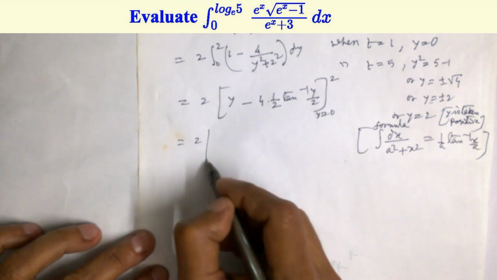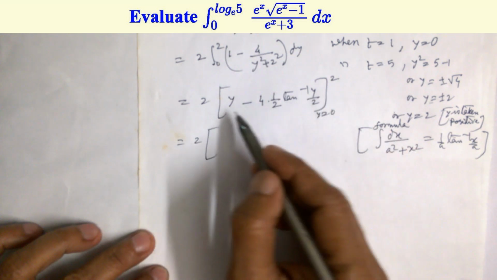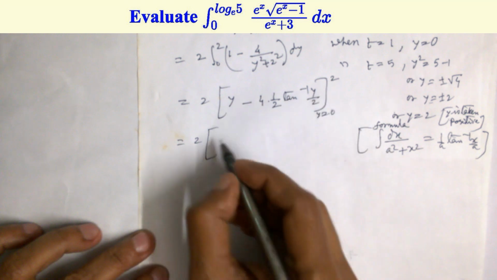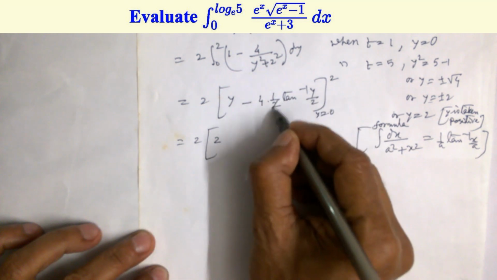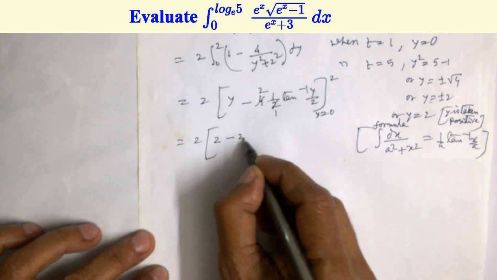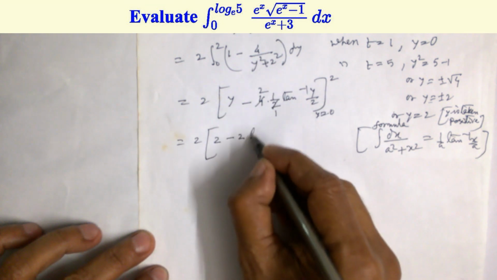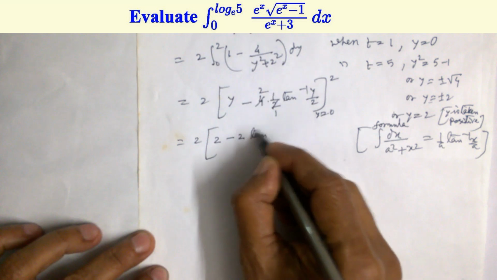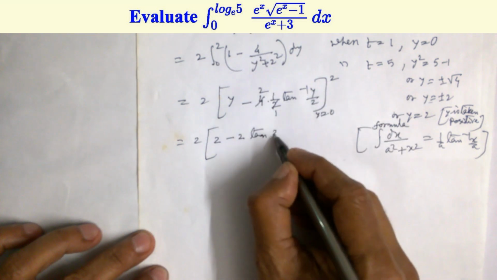So 2. When we put y is equal to 2, this will be 2. These 2 will get cancelled. 2 times 2 minus 2 tan inverse, replace y by 2, 2 by 2.